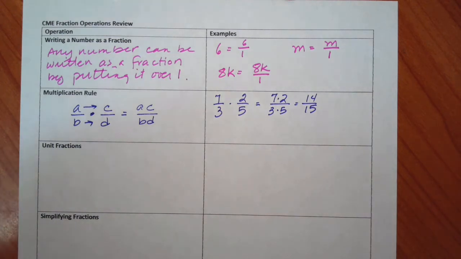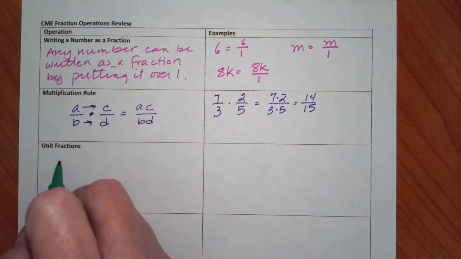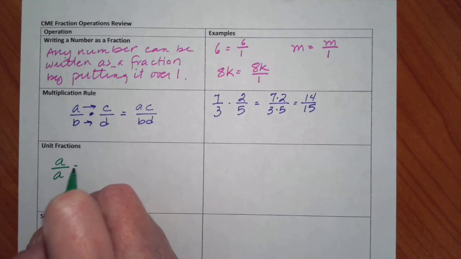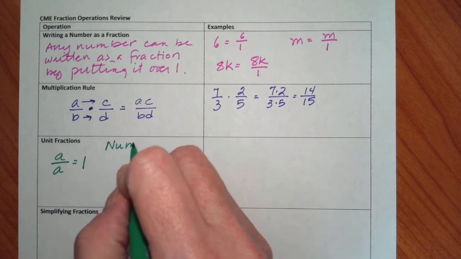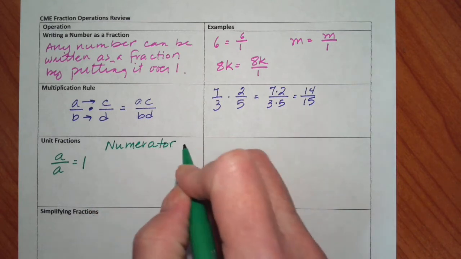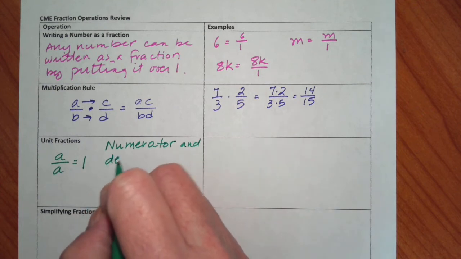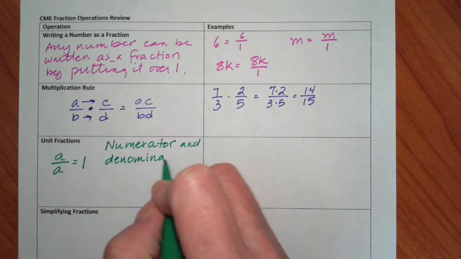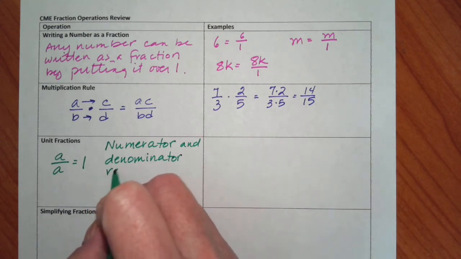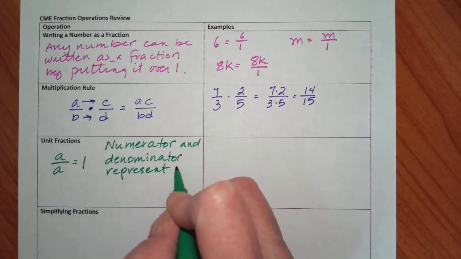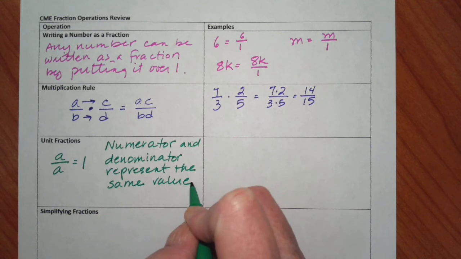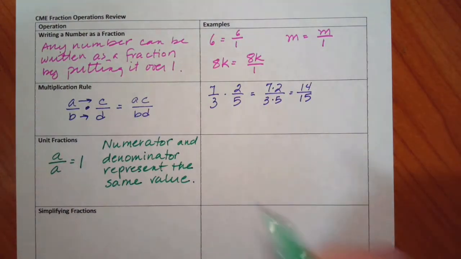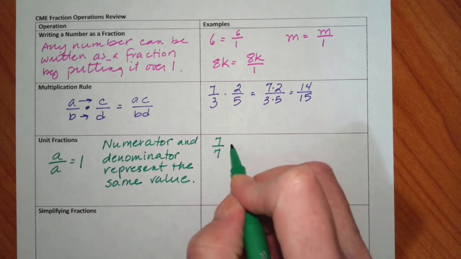Okay, we also need to talk about unit fractions, and unit fractions are things that equal 1. Anything divided by itself is equal to 1. The numerator and the denominator represent the same value. And we can talk about a lot of different ways to do that. But if you have 7 over 7, then that's 1.